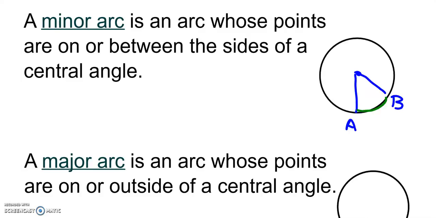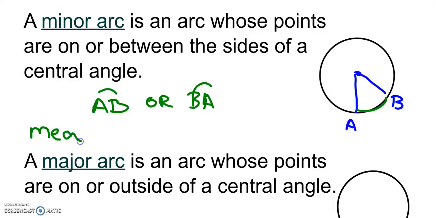So they're on or between the sides of the central angle, and we would call this arc AB, or we could call it BA. Alright, and since this is less than a semicircle, we know the measure of a minor arc is always going to be between 0 and 180 degrees.